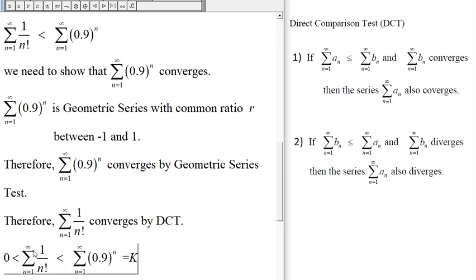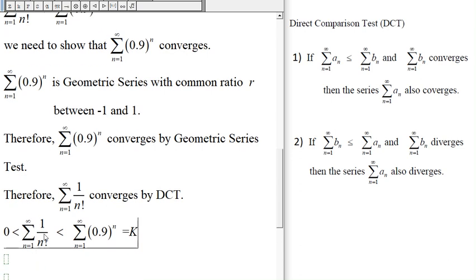Because it's a positive series, it's also monotonic, and therefore it converges. That's the logic behind the direct comparison test. Once again, we have to come up with a series B sub n, and then show that the series A sub n is less than the series B sub n, and that the series B sub n converges.